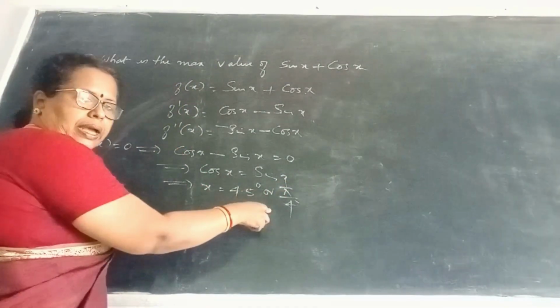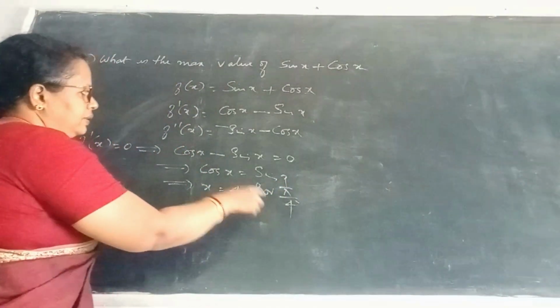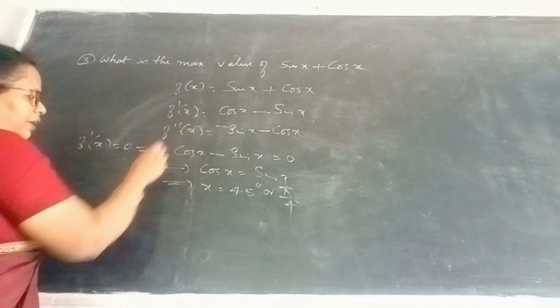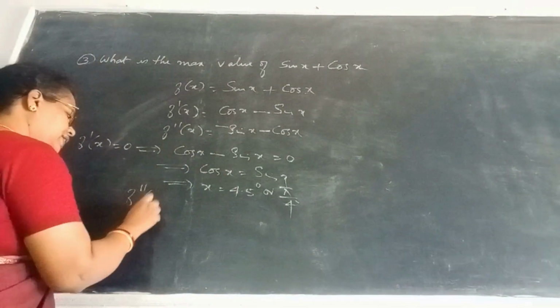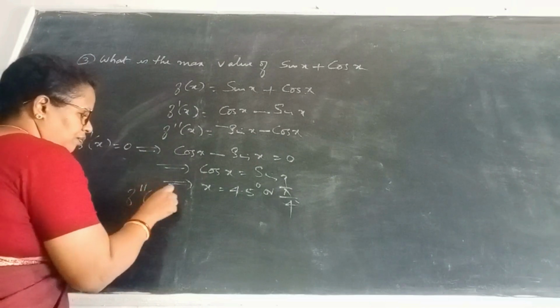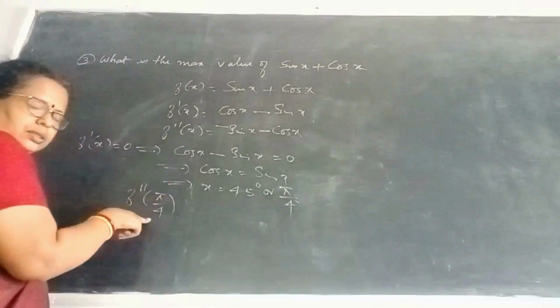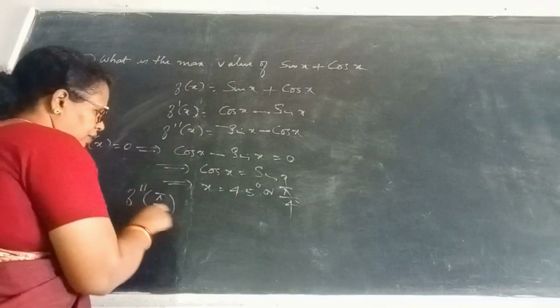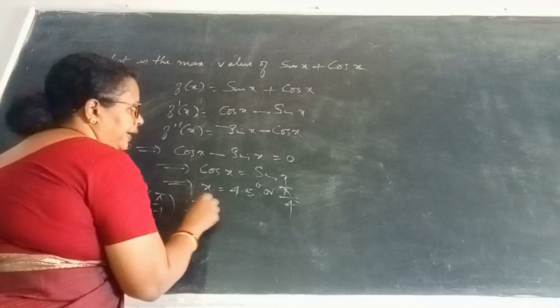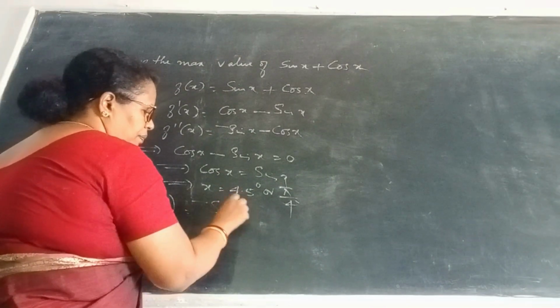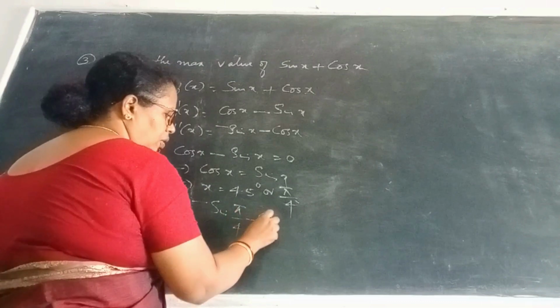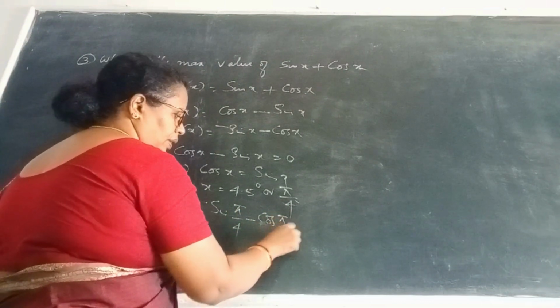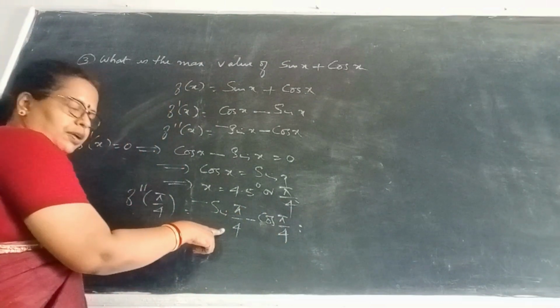We have to show that at this value it is a maximum, for which f2 dash x must be negative. So f2 dash of pi by 4. Instead of pi by 4, if you want you can write 45, no problem. Negative sin of pi by 4 minus cos pi by 4. What is sin pi by 4?